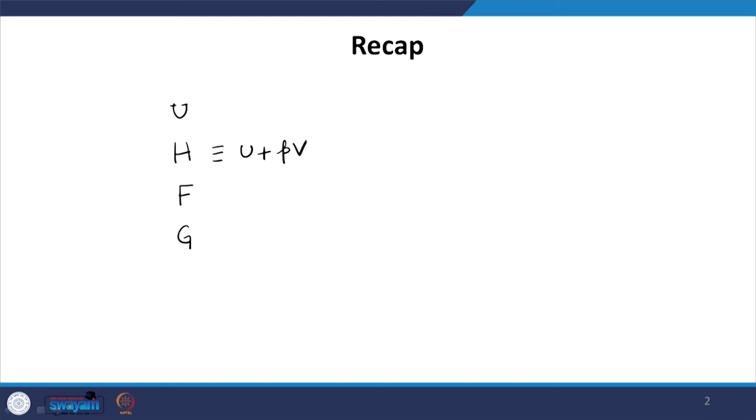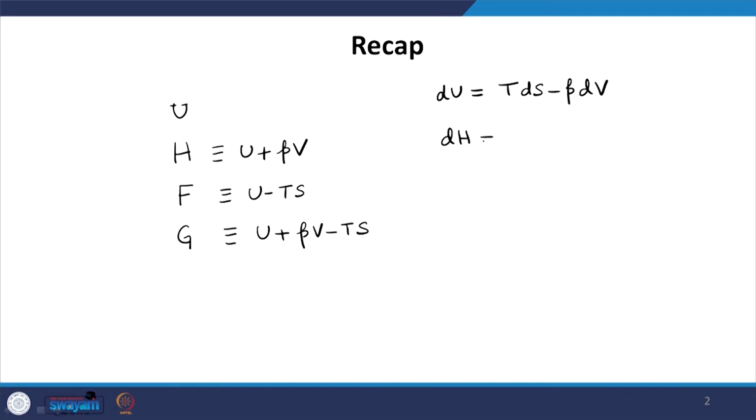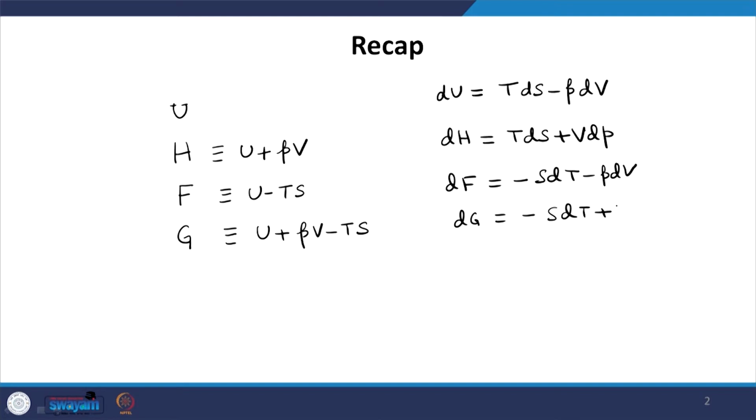So, H is U plus PV, F is U minus TS and G is U plus PV minus TS, and we can also write this in differential form as dU is TdS minus PdV, and all of this is for a one component system. dF is equal to minus SdT minus PdV and dG is minus SdT plus VdP.